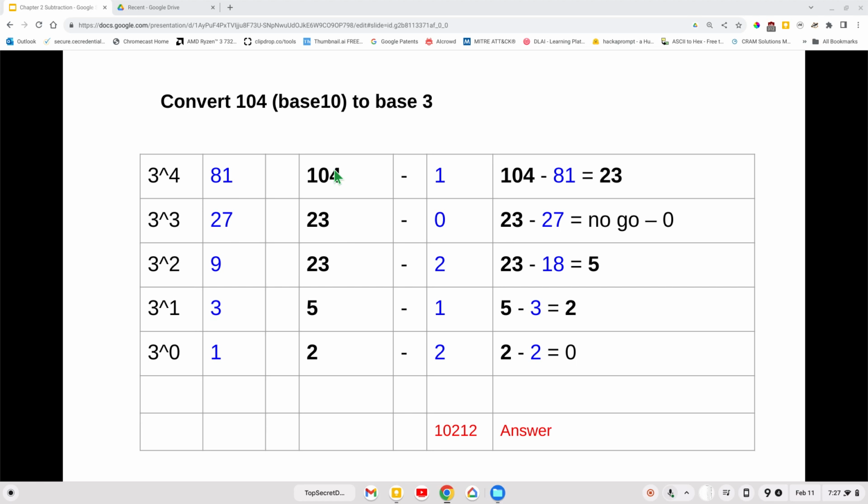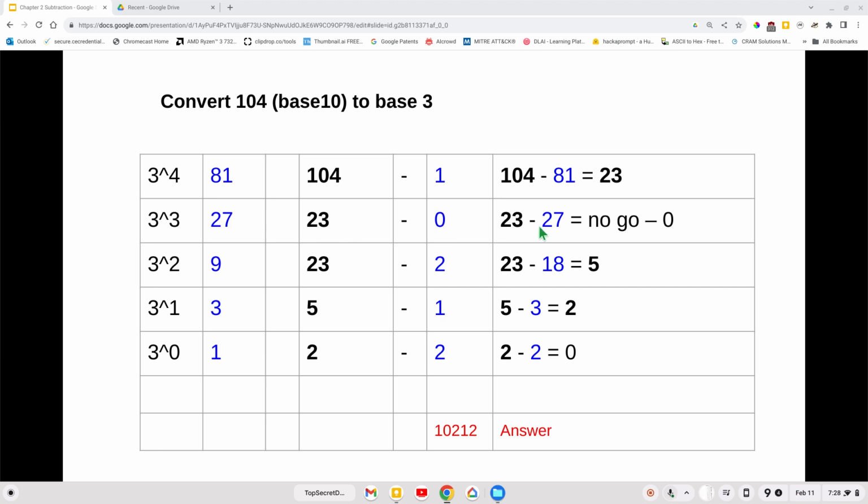So how many times does 3 to the 4th, which is 81, go into 104? Only one time, but it gives me 23 left over. Now the next one is 3 to the third, which is 27. How many times does 27 go into 23?